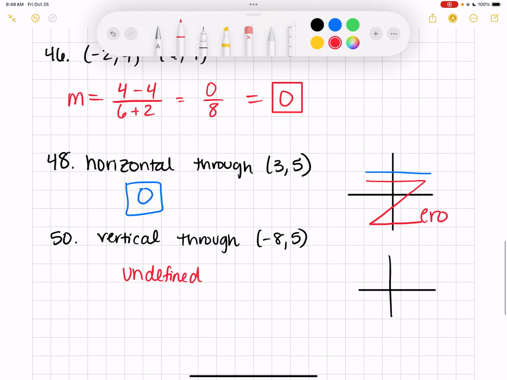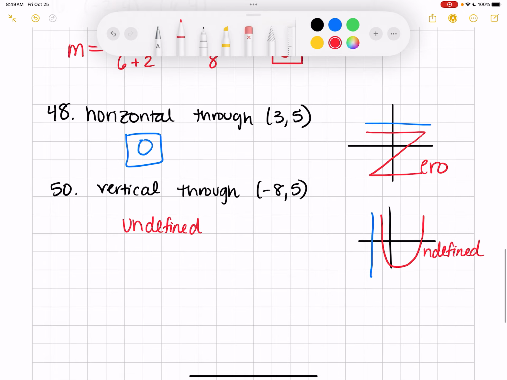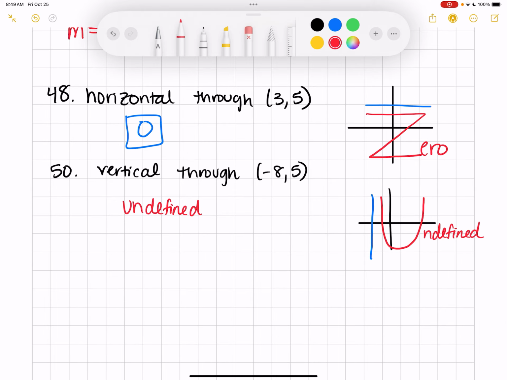And then for a vertical line, because it goes up and down, when you make a U for undefined, the first thing you do is go down, so that would have been undefined. So if you don't remember, hopefully that will help you. That's the way I always have to think about it, literally to this day, and I learned that in like 8th grade.